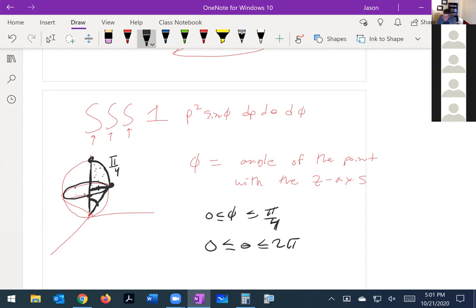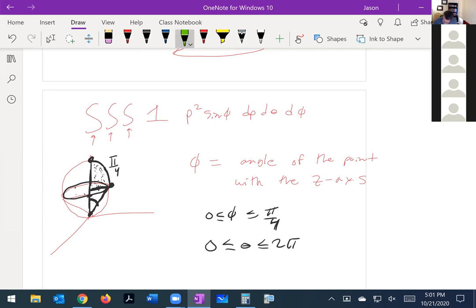Okay, the hardest one here is rho. And we're like, okay, how the heck are we going to get rho? Where is rho going from? Well, rho is going from 0. Rho of 0 would be at the origin, right? That's 0. How would I get any of these points on this surface?